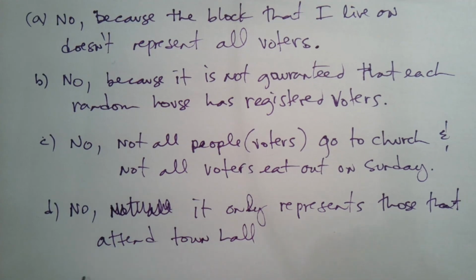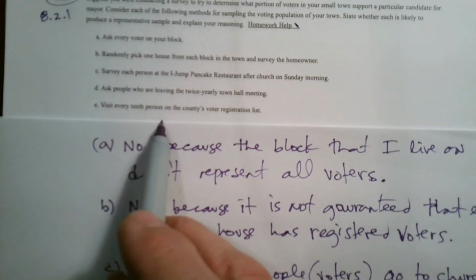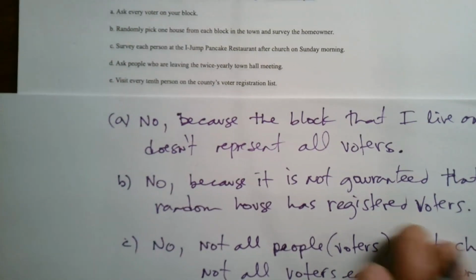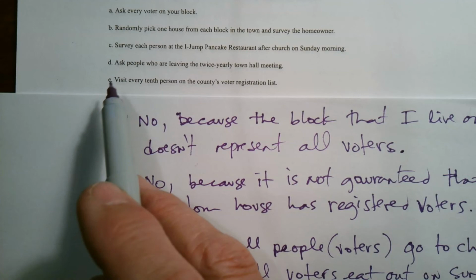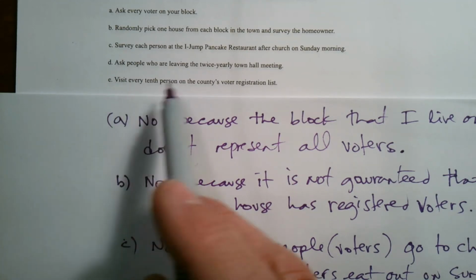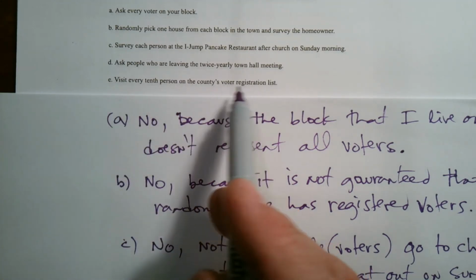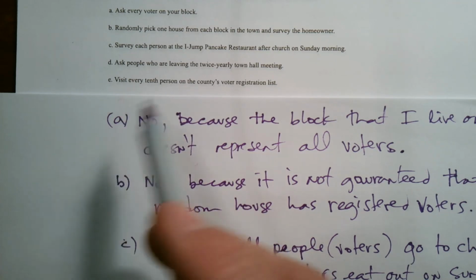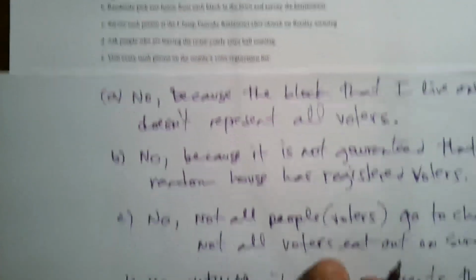Okay. And then last one, E, visit every 10th person on the county's voter registration list. Okay, I think we're on to something. If I visit every 10th person, so I just take the list of all the voters and then I find out where they're at, every 10th person, and I go visit and ask them, I think that would do it.